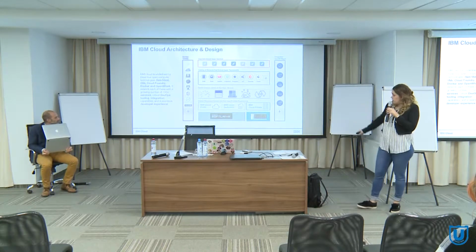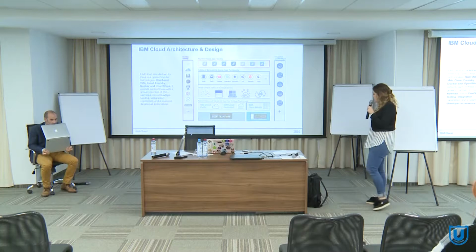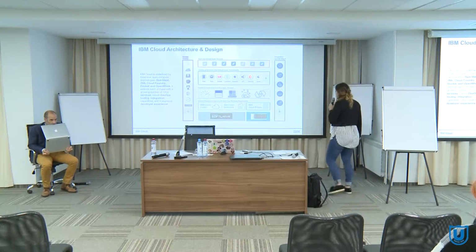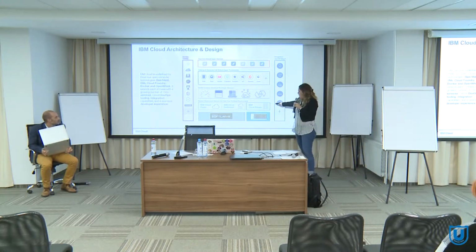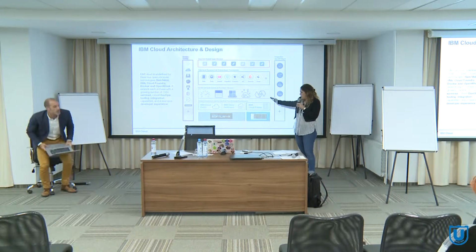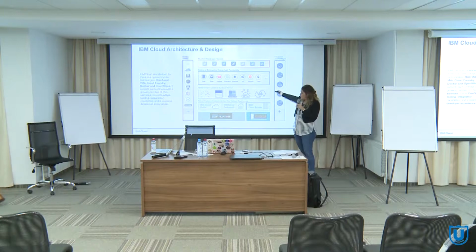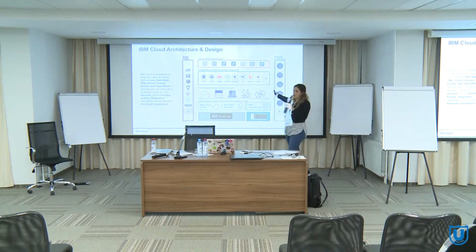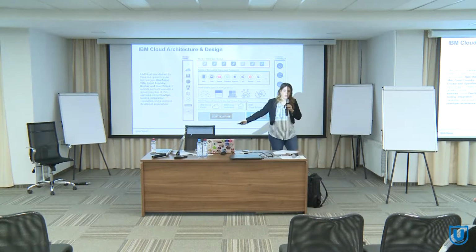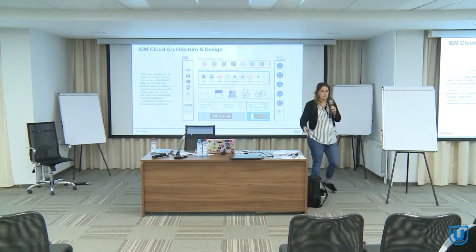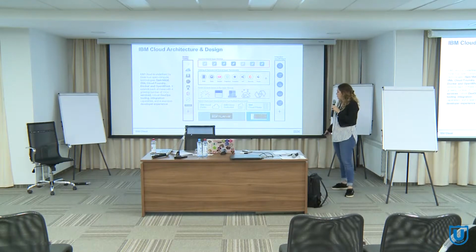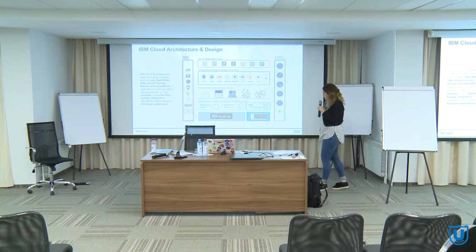Just quickly, the architecture of IBM Cloud. You start by choosing deployment options: public, dedicated, private. Then you choose your compute option. It can be Cloud Foundry, containers, or more IaaS if you want to use virtual servers, or Cloud Function and serverless.